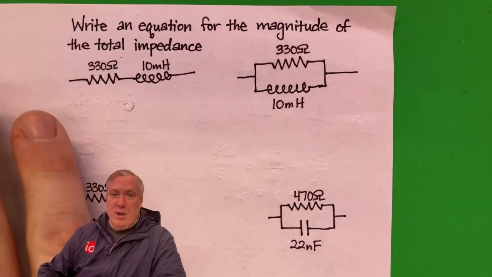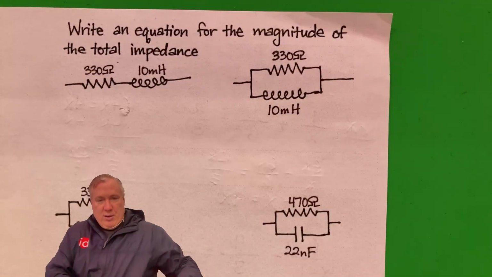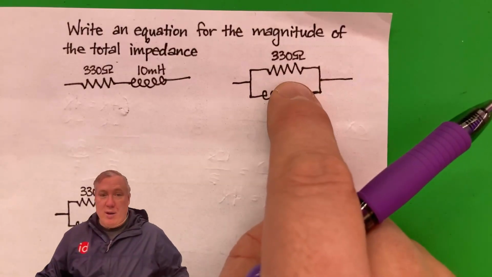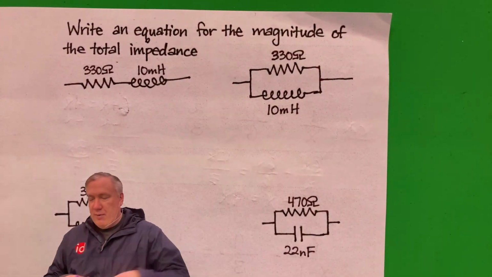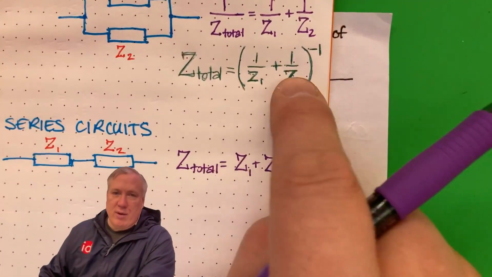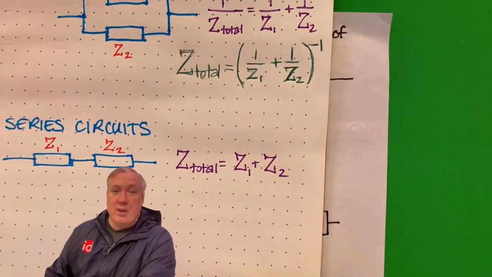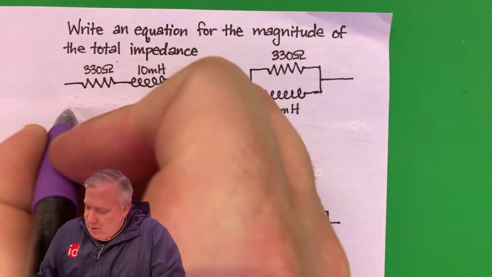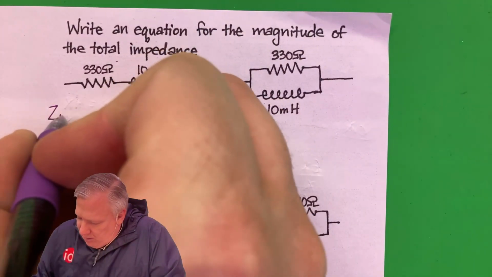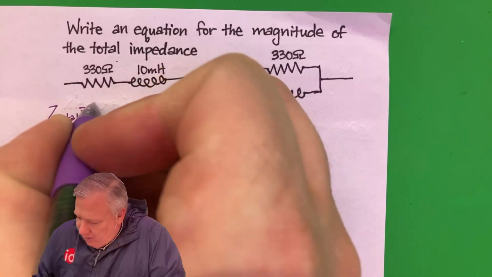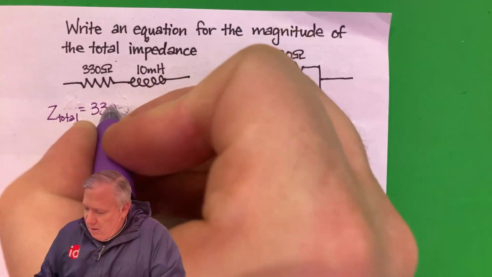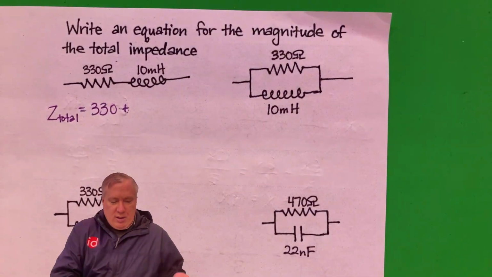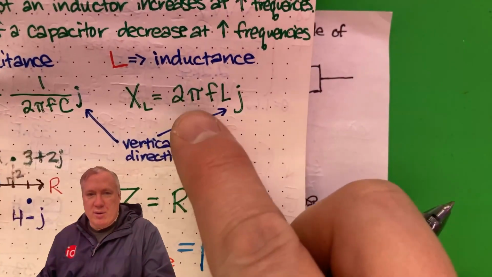Okay, so as a reminder here in our notes, if we do series, we're just going to add them. And if we're going to do parallel, we're going to do the 1 over. Except for this one, we're going to use the green version because it says z total equals, and that's going to be easier for graphing. So here's how it works. The z total here is equal to 330 ohms. And then you just add, because it's in series, the next one, but the next one is an inductor, and so that means we've got to use this formula.